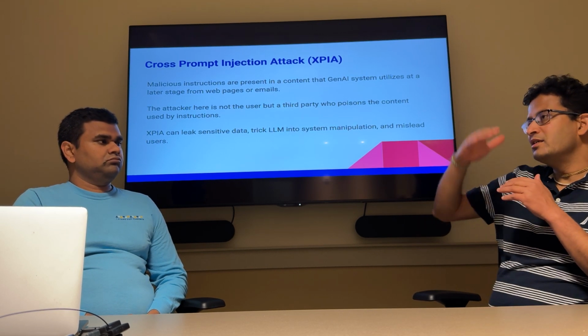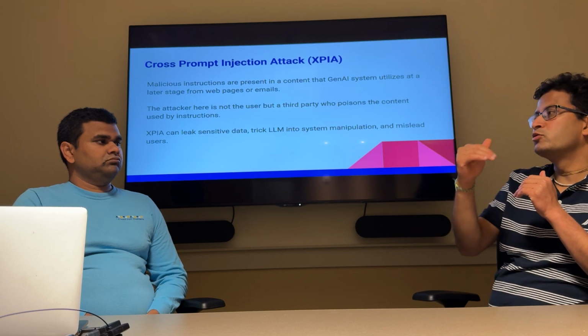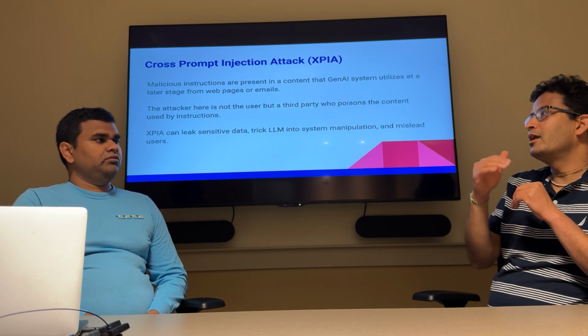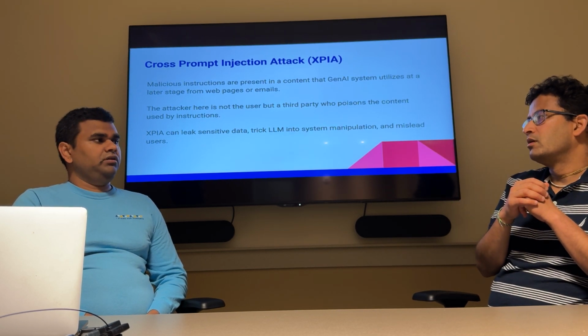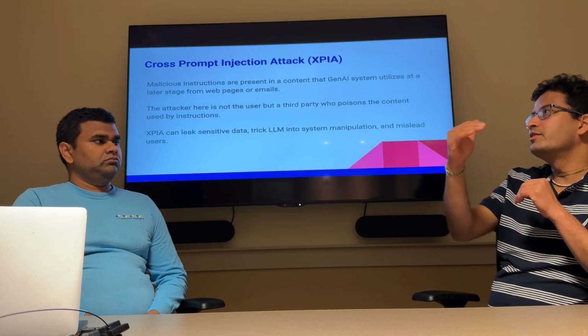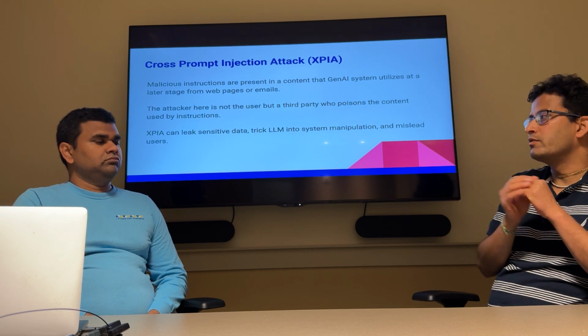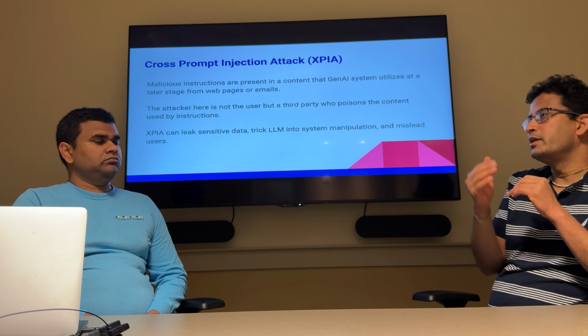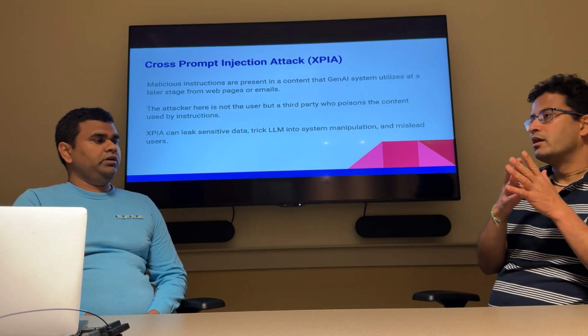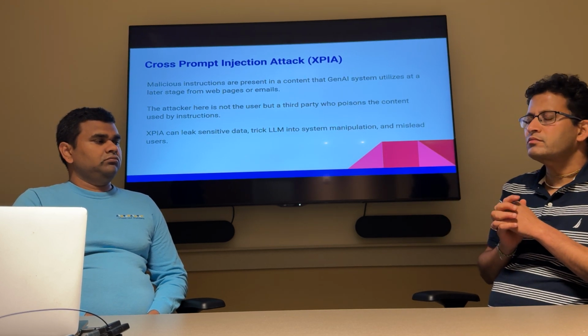So when the LLM summarizes, say, the last 5 emails, that email will also be included in the summary, and the LLM will follow that instruction. Exactly. That is content coming from an external or third party user, which is the attacker, and it is being clubbed with the user prompt together, and then the action is taken.